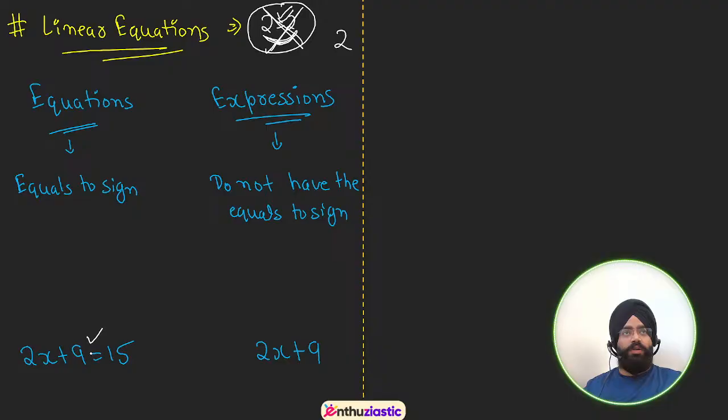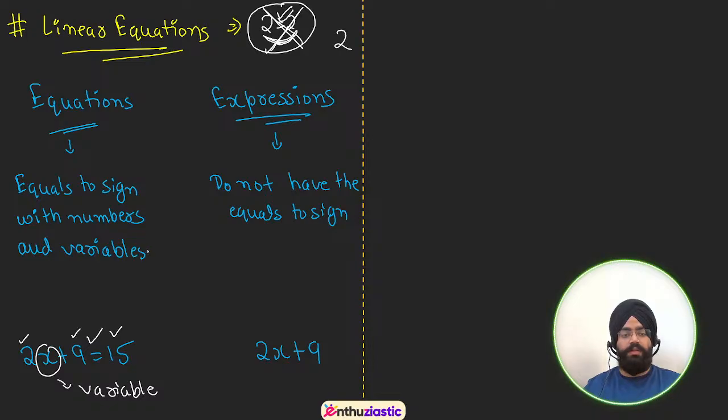Apart from the equals to sign, we can see numbers, and we can see a variable. We will call it a variable. A variable means the unknown value that is given to us. This is the unknown value that we have here. So we have to find out the value of the unknown. So for an equation we can see an equals to sign with numbers and variables.